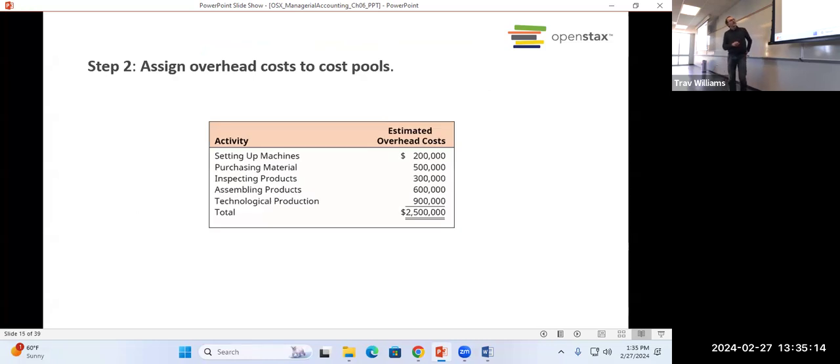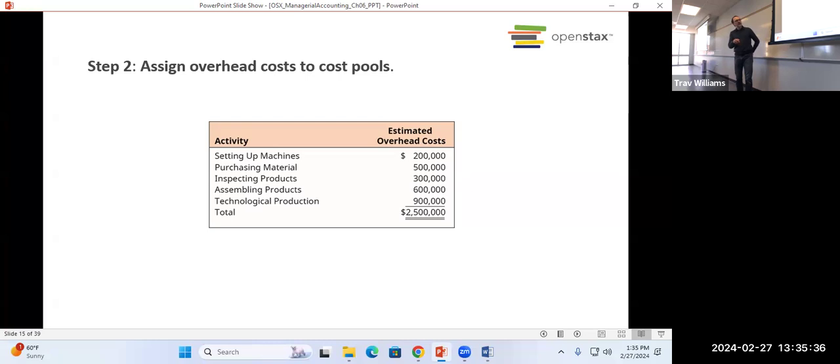So here's an example. This company has these 5 different activities, and they have associated overhead costs with each of those 5 activities, okay? So remember the recorder company estimated they had $2.5 million of overhead. Well, same thing.